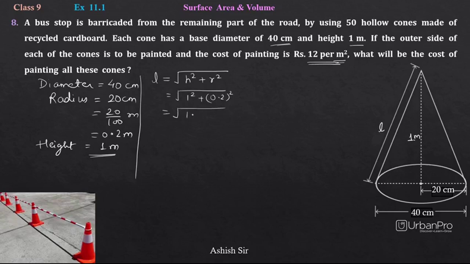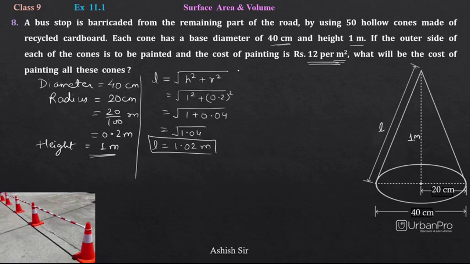So we get 1 plus 0.04. When we add it up, we get 1.04, and finding the square root of it, we get 1.02 meters. So slant height is 1.02.